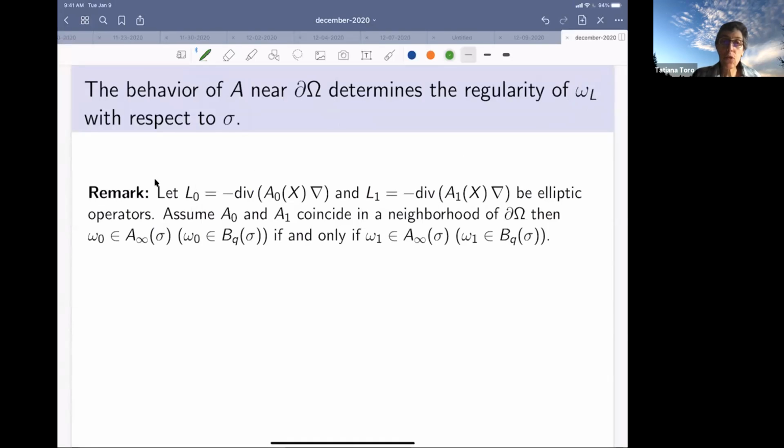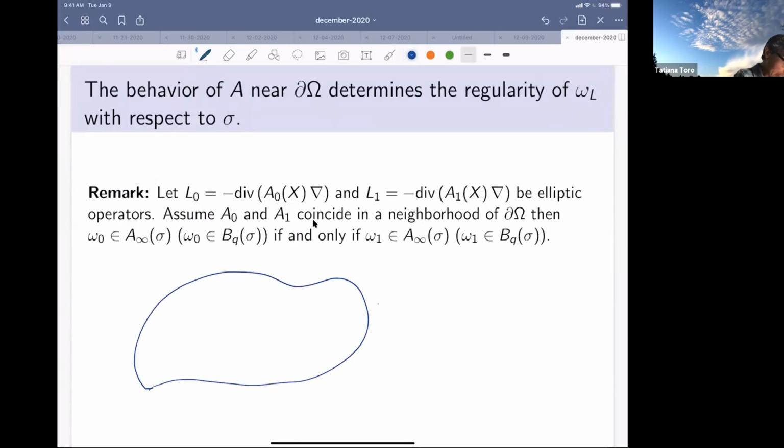Let me draw a picture of this remark. Imagine you have two operators, L0 and L1, and you assume that A0 and A1 coincide on a neighborhood of the boundary.